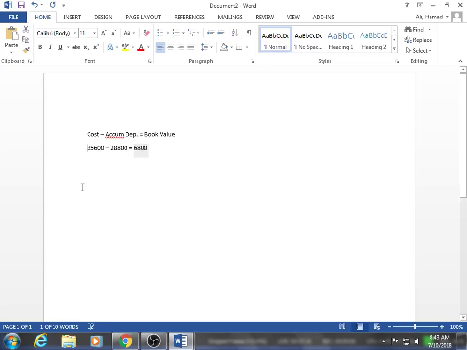Now, sale price minus book value equals gain or loss. In this case, sale price minus the book value, 6,800, equals 7,000, the gain, correct?